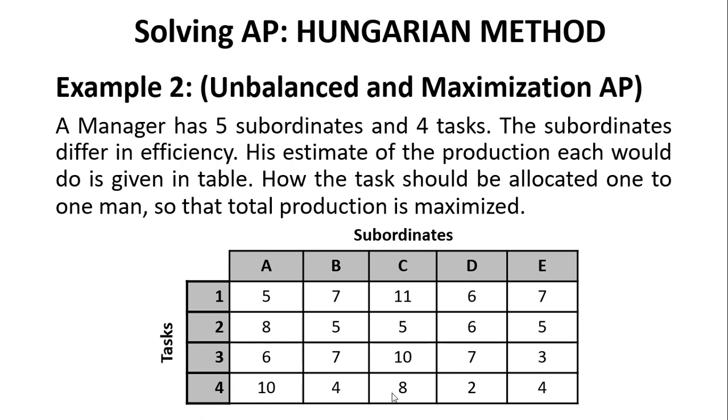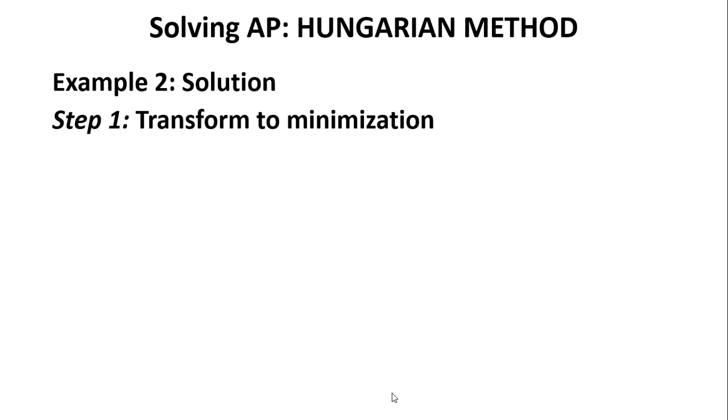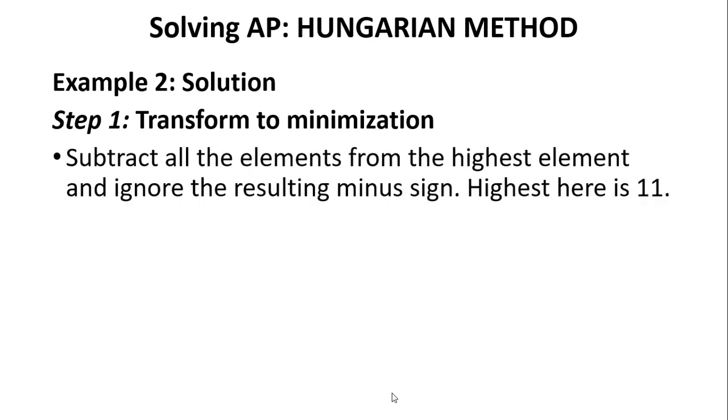But before balancing the problem, we have to transform, because the problem is maximization. Now we are going to transform the problem from maximization to minimization. And how are we going to do that? Let's see on the next slide. So transformation basically is performed by subtracting all elements in the given matrix from the highest element. Okay?